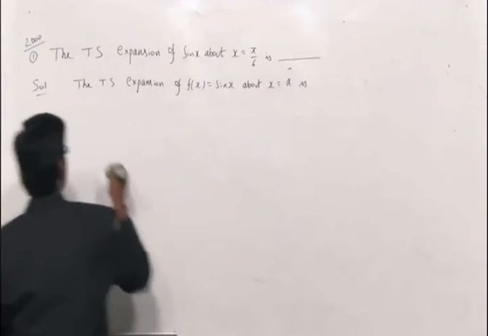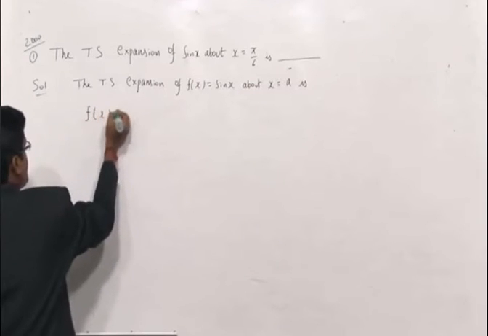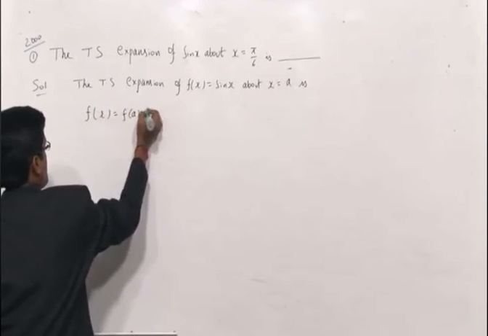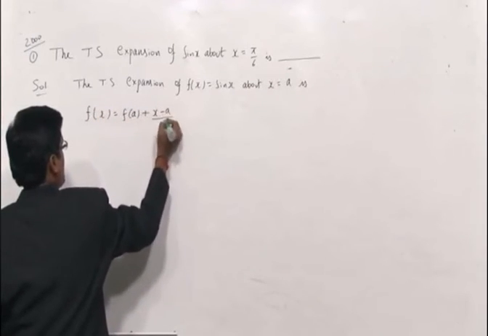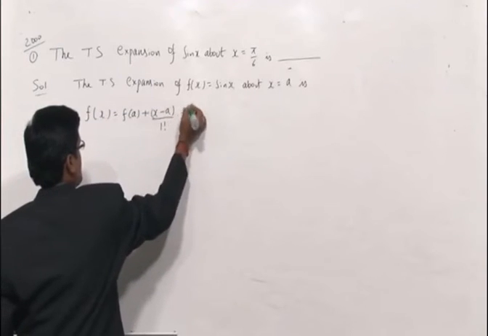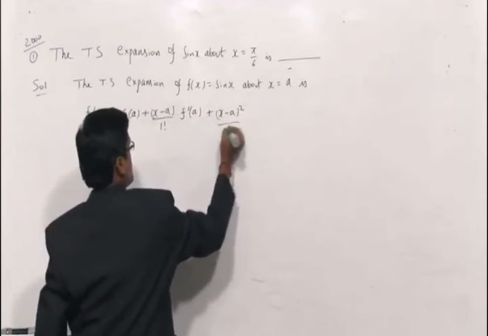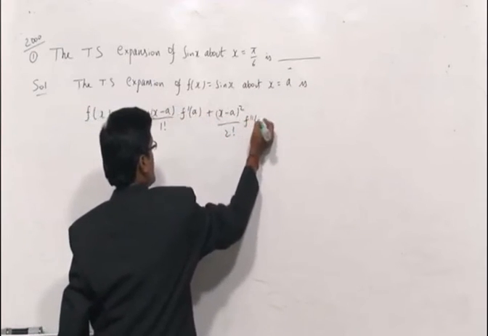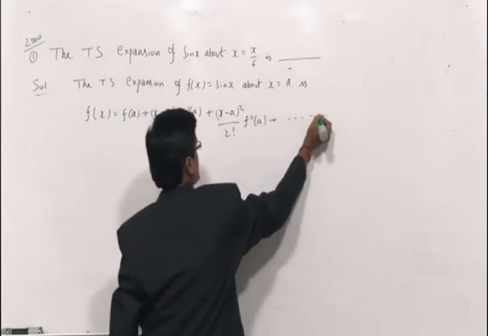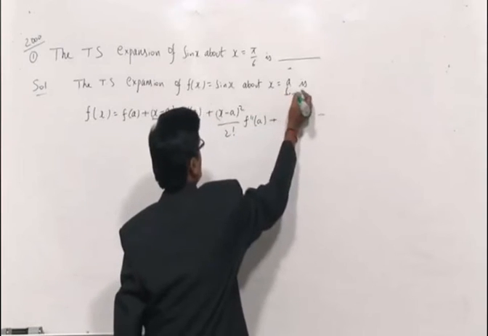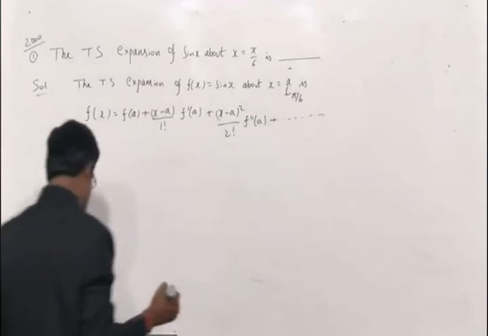What is that expansion? f(x) is equal to f(a) plus (x minus a) by 1 factorial into f dash a plus (x minus a) whole square by 2 factorial f double dash a, and so on. Here a is nothing but pi by 6.